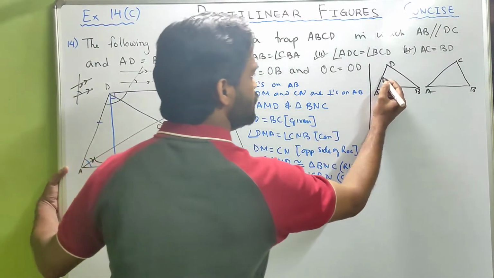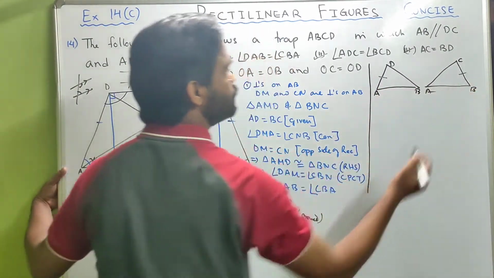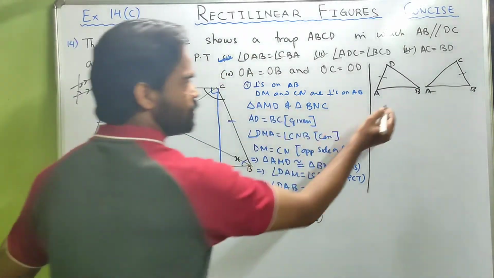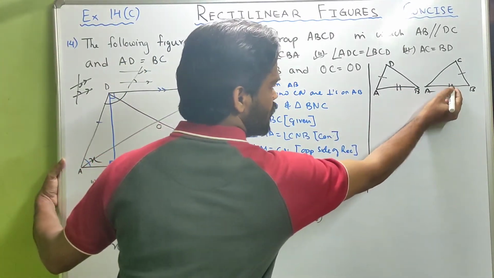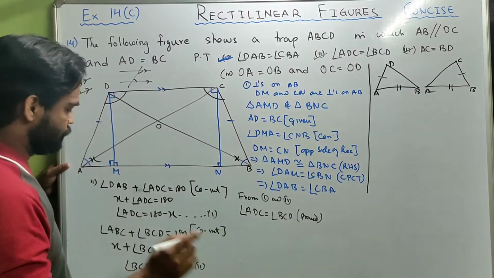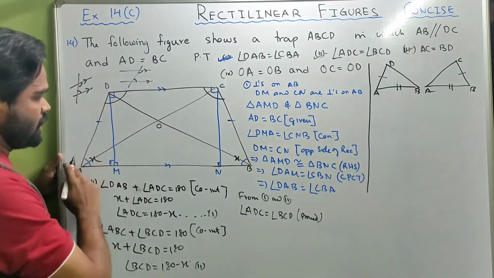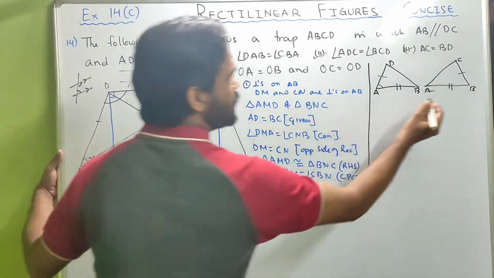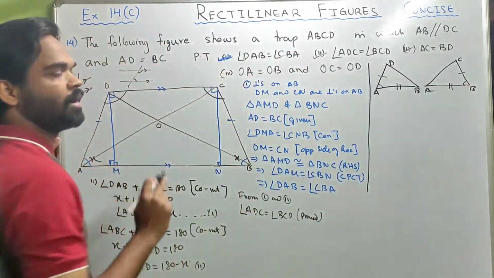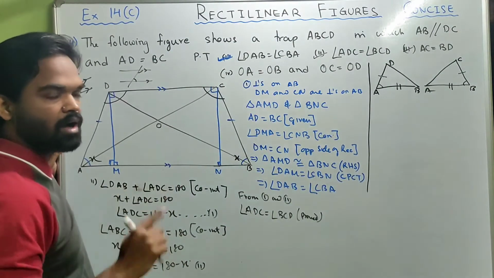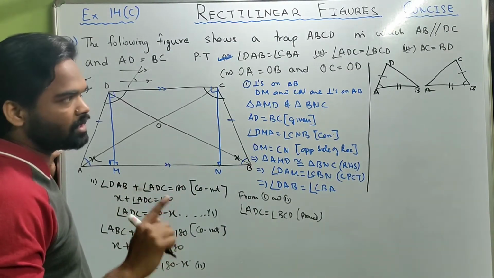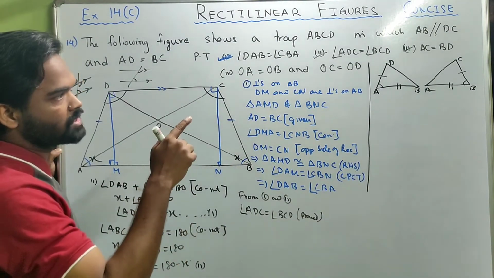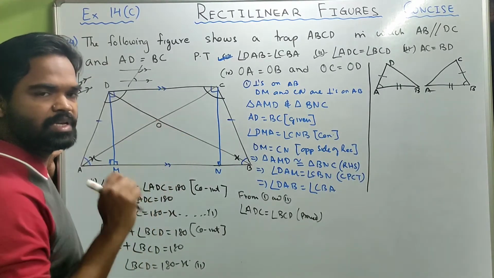First of all, AD is equal to BC. That is given to us. AB is equal to AB. That's common. And angle DAB is equal to angle CBA. We have already proved in the first part, which means those two triangles are congruent. If they are congruent, of course, AC and BD will be equal.